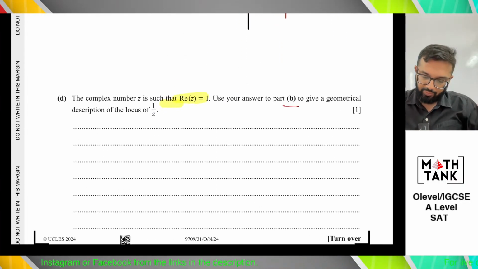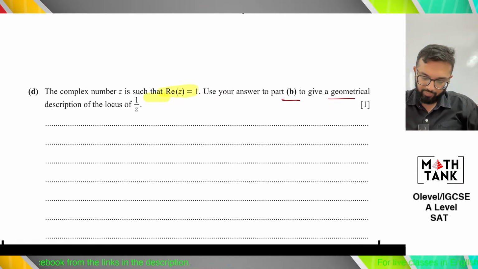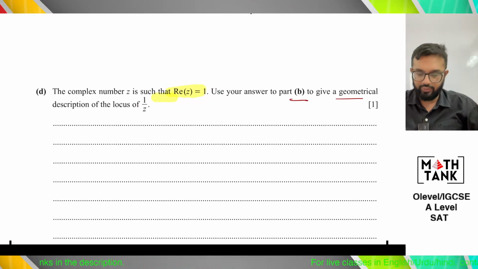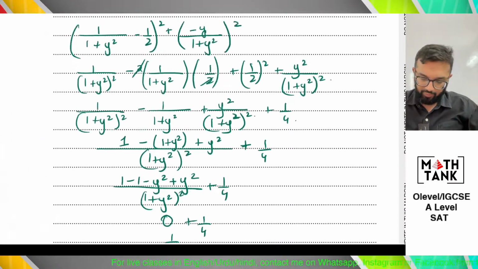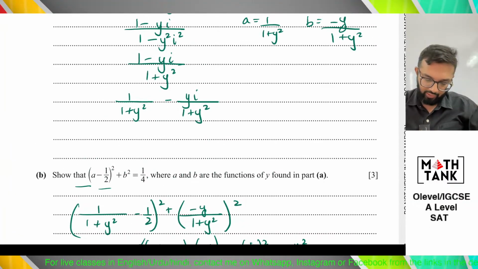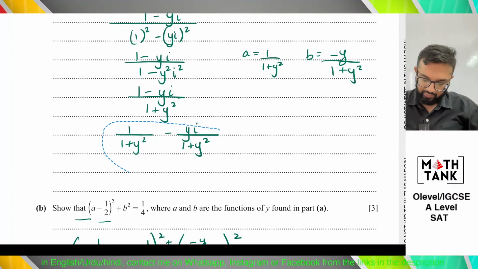A complex number z is such that real value z equals 1. Use your answer to part B to give a geometrical description of the locus of 1 over z. This is the tricky part where I ask you to connect the two parts. So what I am going to do is bring in this. Let's copy this.